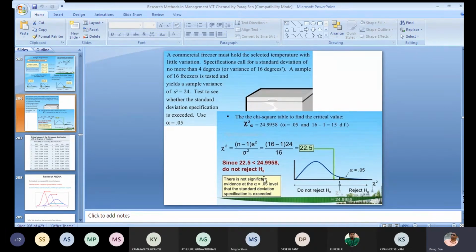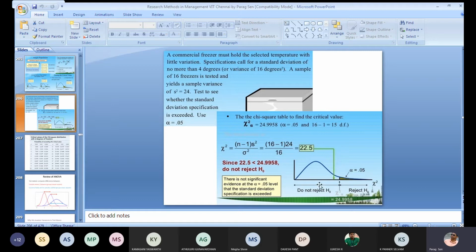You can see that your chi-square test statistic is located somewhere here, and the cutoff value that you found from the table lies somewhere here. So you are lying within the region of do not reject the null hypothesis. It is less than the cutoff.